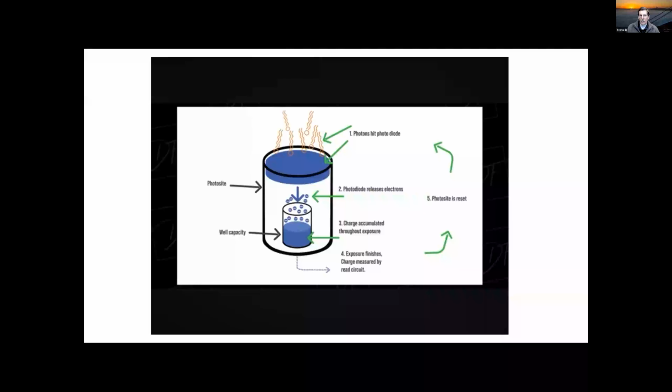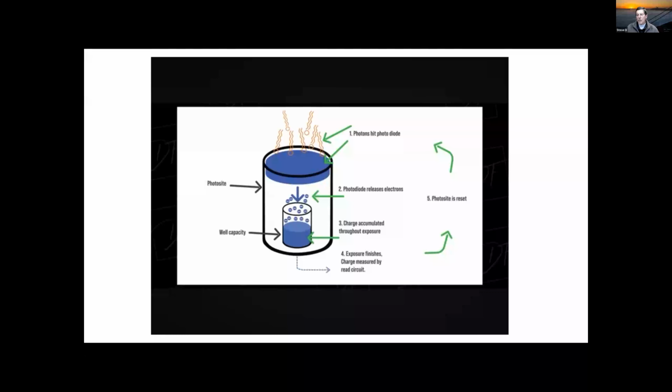A photon hits the photodiode at the top. For every photon that hits the photodiode, it releases an electron that gets captured into a well and effectively counts them. And all the photodiode is, is a sophisticated abacus. All it is doing is counting electrons.